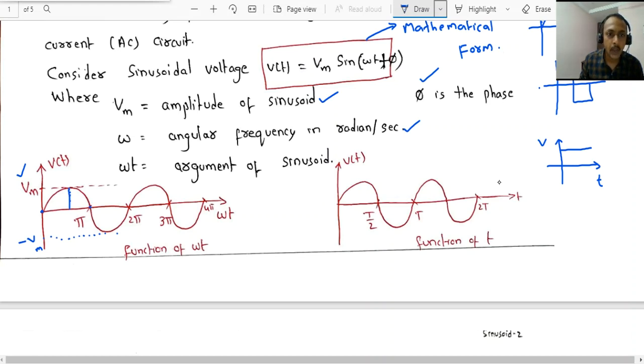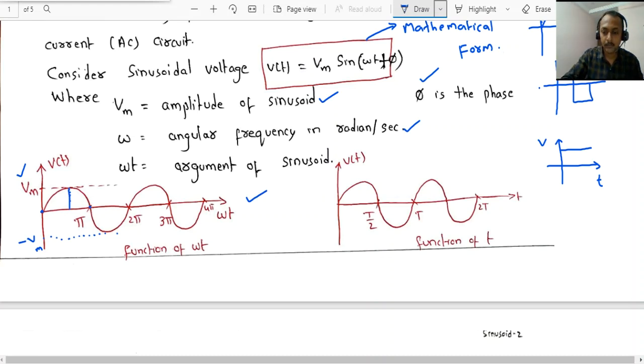Like this, you have to understand. For the mathematical form v of t equals Vm sine of omega t plus phi, Vm represents the amplitude, omega is the angular frequency, and omega t is the argument of the sinusoid. This graphical representation is very, very important, along with the mathematical form.